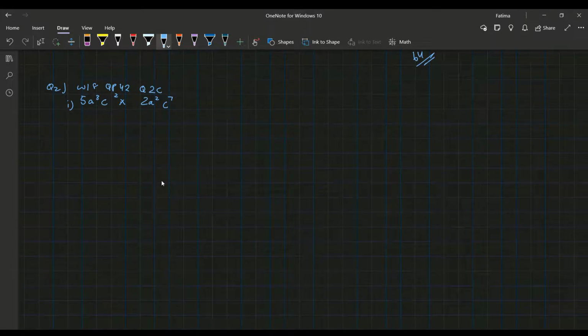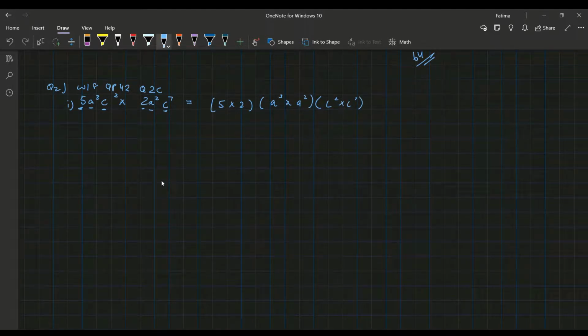And in this case, we can see that the constants 5 and 2 are not the same, but we do have the bases a and c, which are the same. Therefore, we can apply the first rule which we've discussed. So essentially what we'd have to do is first multiply 5 and 2, and then it would be a cubed into a squared, and then c squared into c to the power 7.